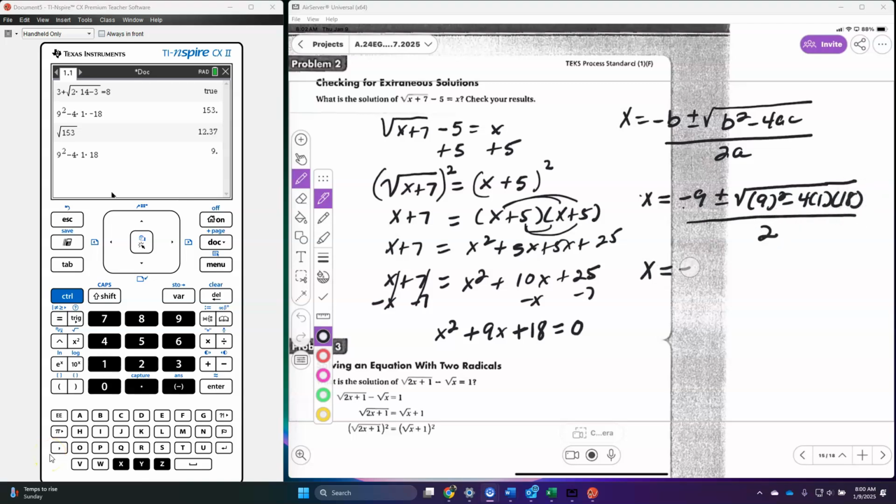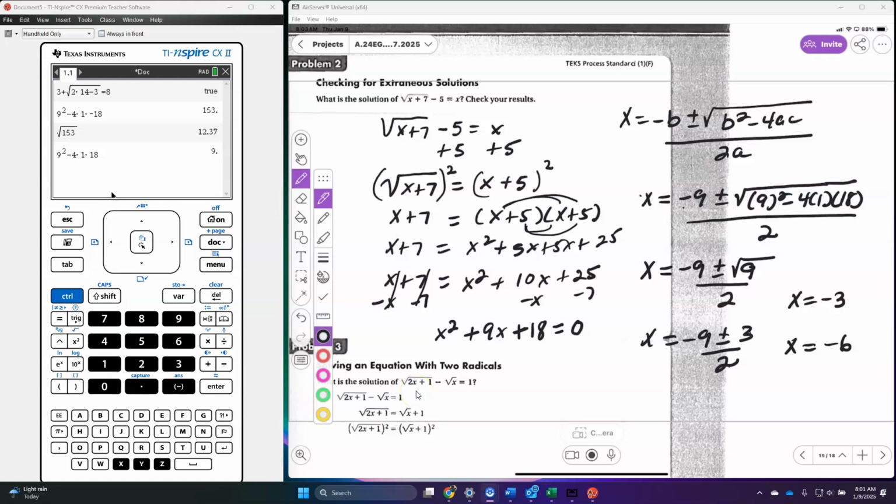So I get x equals negative 9 plus or minus square root of 9, divided by 2. So x equals negative 9 plus or minus 3, divided by 2. So negative 9 plus 3 is negative 6, divided by 2. So the first answer is x equals negative 3. Negative 9 minus 3 is negative 12. Divided by 2 is negative 6.